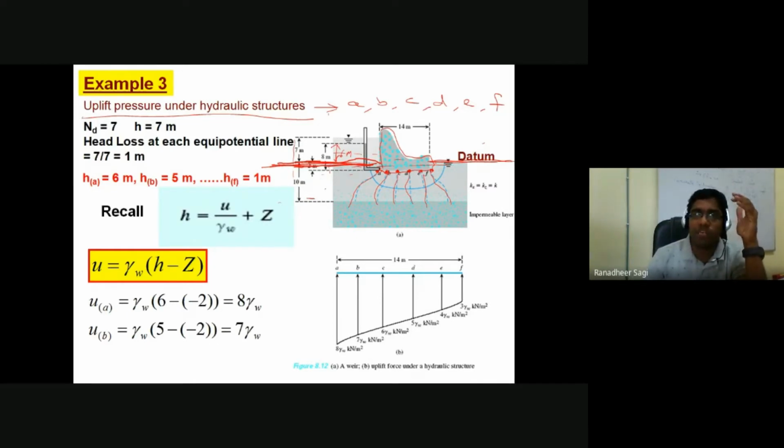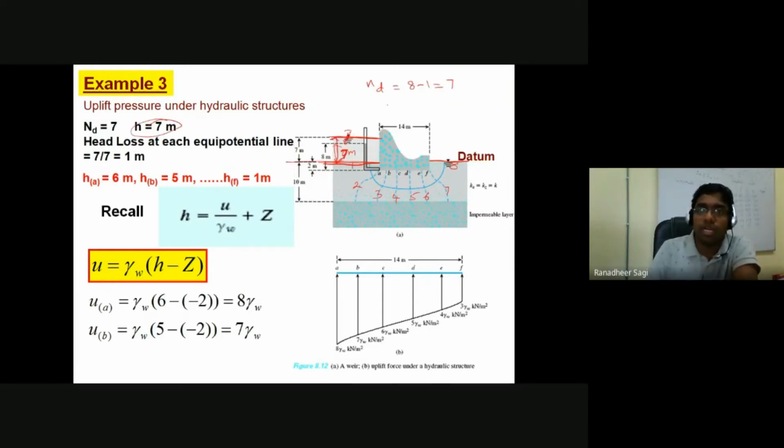Likewise, let me now count how many potential drops I have got in this particular problem. From this equipotential line to this equipotential line, first drop, second potential drop, third, fourth, fifth, sixth, and subsequently the seventh potential drop. So the total head difference between upstream and downstream is equal to 7 meters.